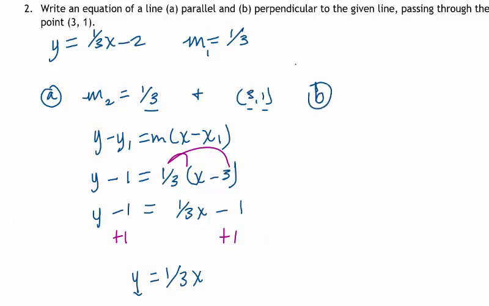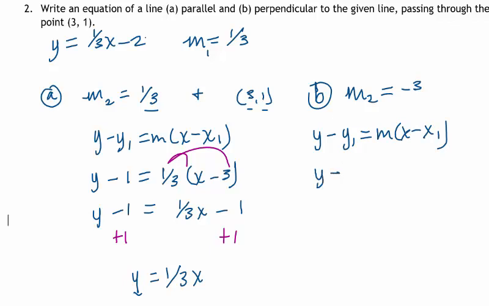Now we also want to find the equation of a line that's perpendicular. Recall that m1 is 1/3, the slope of the given line. This time m2, the slope of my new line, is not the same. It's going to be the opposite reciprocal, so -3/1, or just -3. We'll use point-slope form again: y minus y1 equals m times x minus x1.